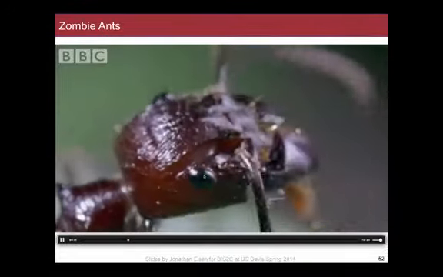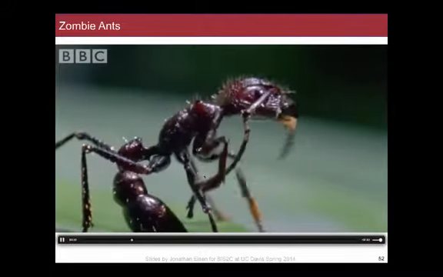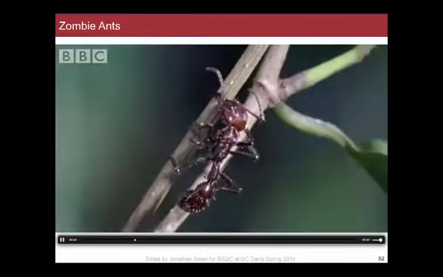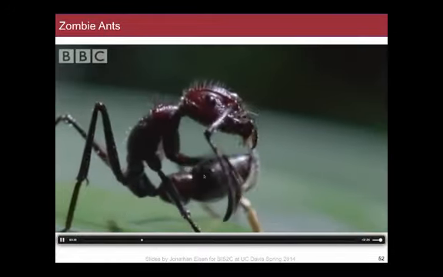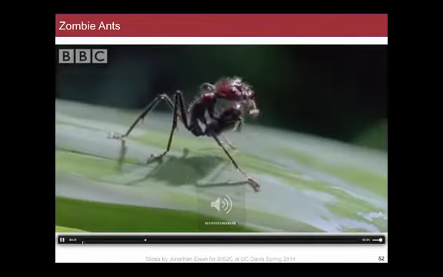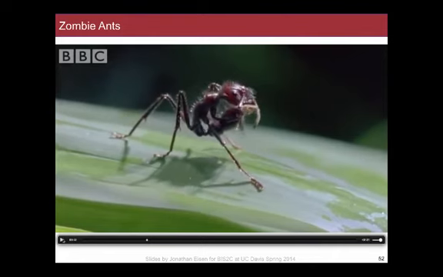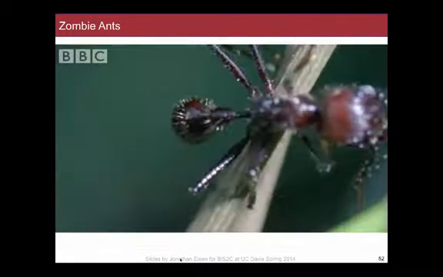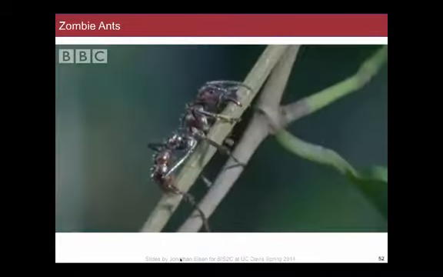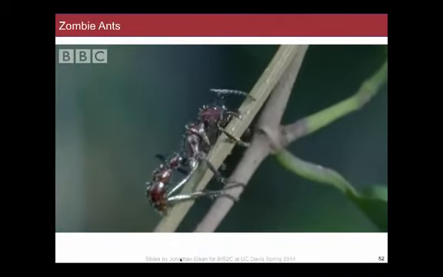Spores from a parasitic fungus called cordyceps have infiltrated their bodies and their minds. These fungi take over the behavior of the ants and manipulate the ants in a variety of ways to help disperse the fungal spores. The infected brain directs this ant upwards. Then, utterly disorientated, it grips a stem with its mandibles.